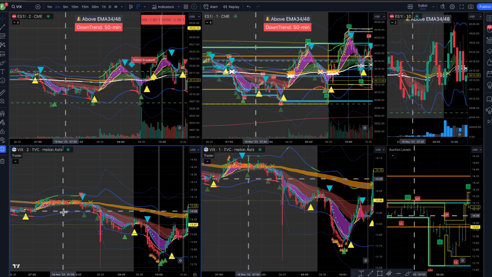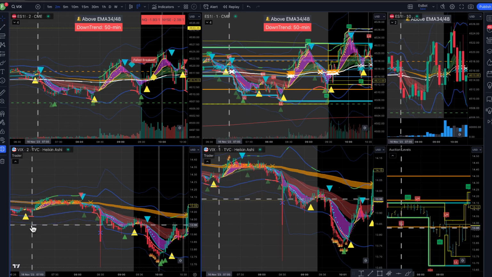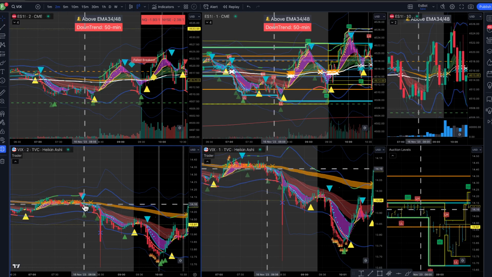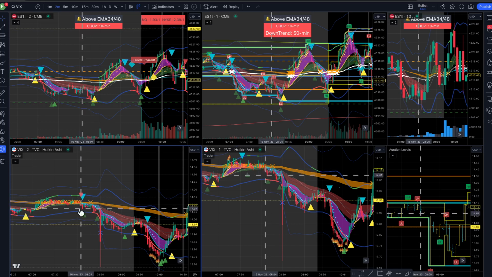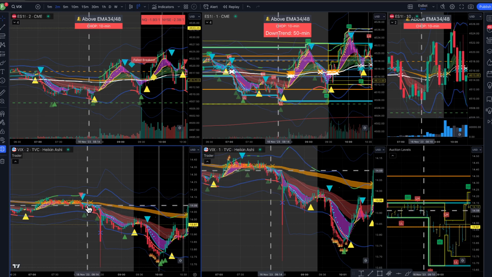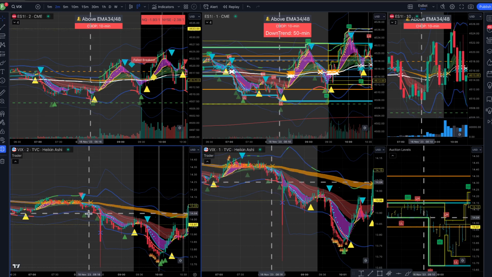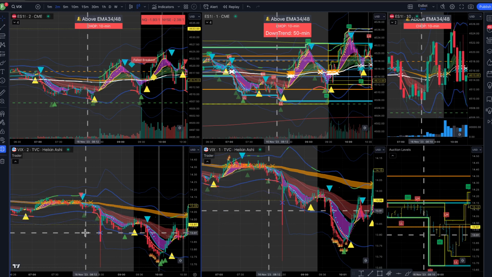Exactly. Okay. So now we get here and we see that on VIX there's a blue triangle. So now we expect VIX to go down, and we're not predicting. I'm going to use the word expect a lot in today's training, but please don't see it as predicting, okay?